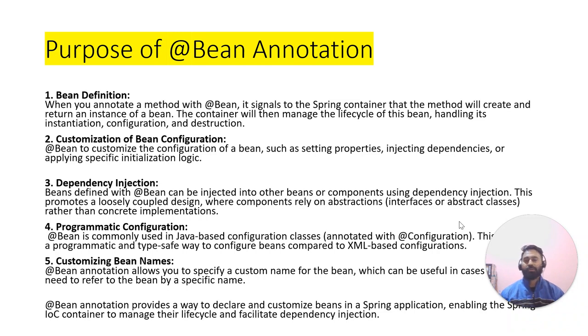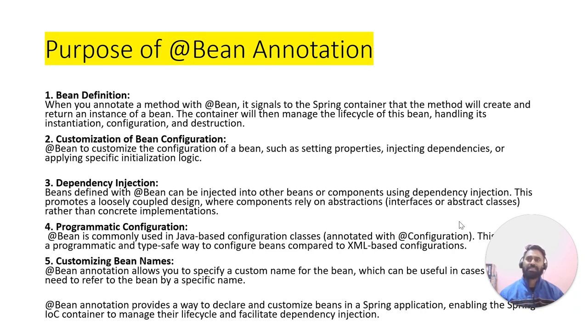The fourth purpose is configuration. @Bean is commonly used in Java-based configuration classes, where we use the @Configuration annotation to make any Java class a configuration class. This is a programmatic and type-safe way to configure a bean compared to XML-based configuration. The fifth purpose is customizing the bean name.